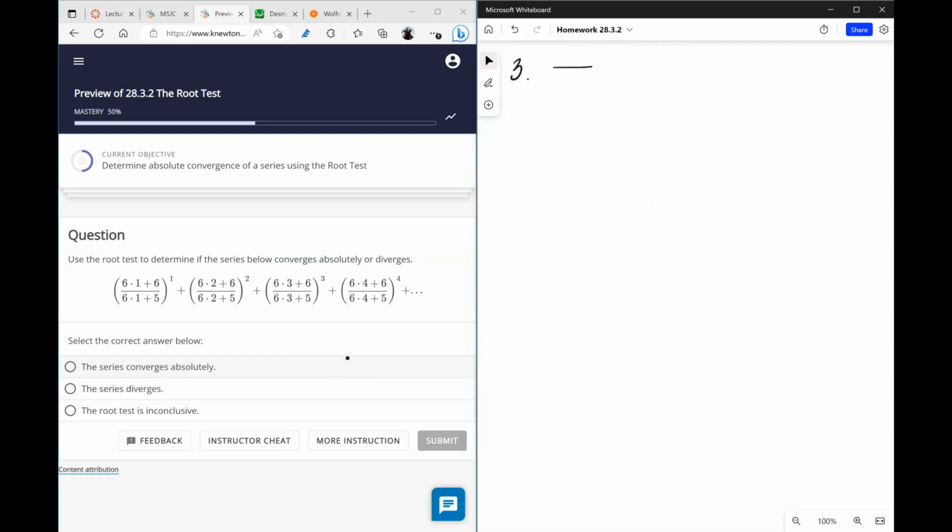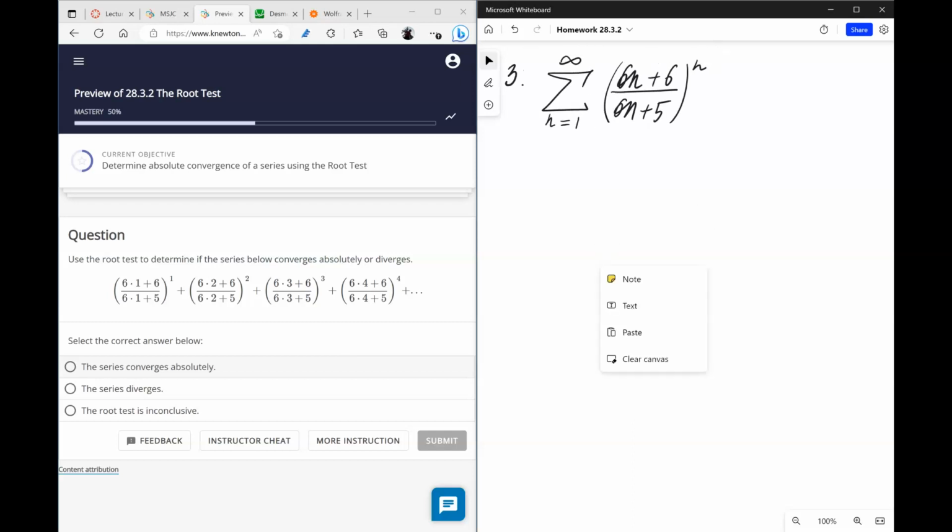We have a series given to us by a pattern. I'm just going to summarize the pattern here. It looks like we have 6n plus 6 over 6n plus 5 to the power n. Normally we would try to identify this as geometric or p-series, and then set up the divergence test.